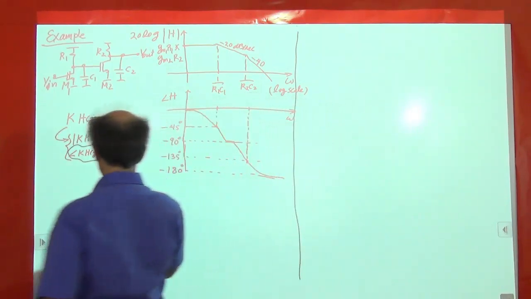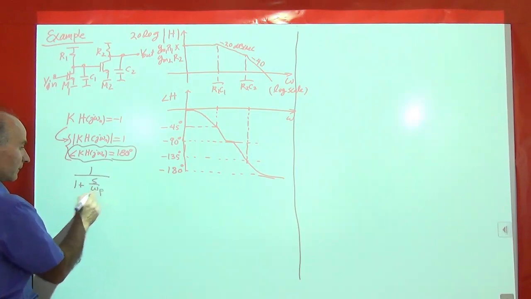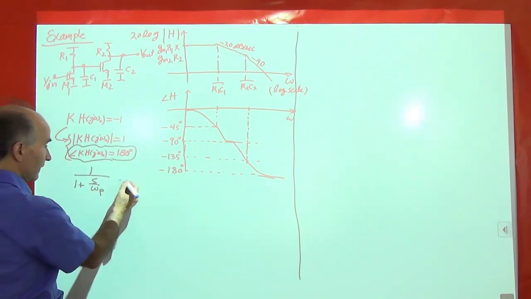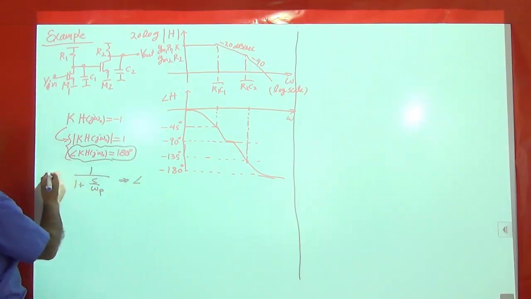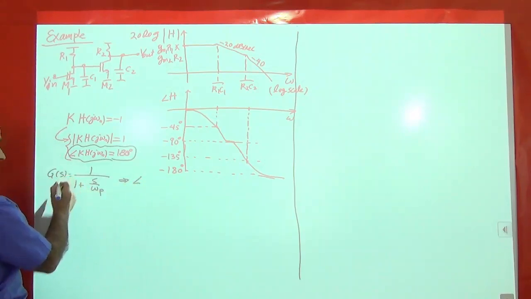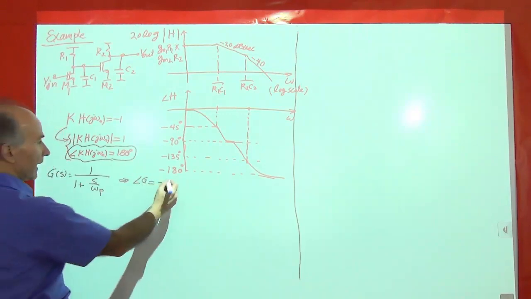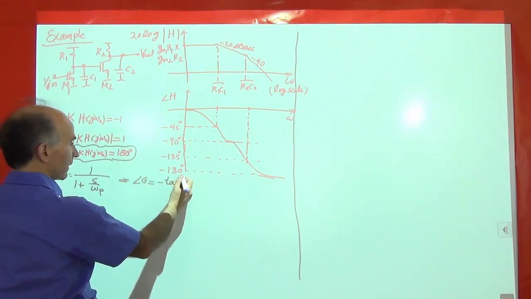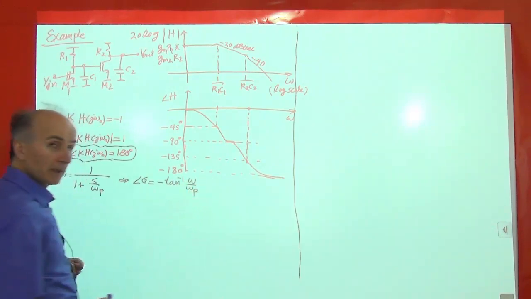You can see that from here. If I have 1 over 1 plus s over ωp, let's call this G of s to avoid confusion. So the angle of G is given by minus tan minus 1 of ω over ωp. How did I do that?